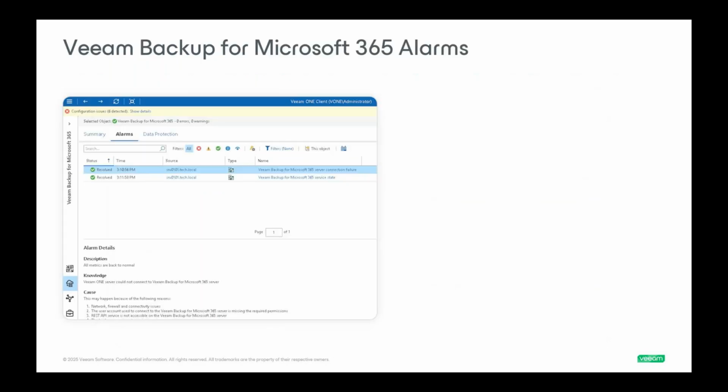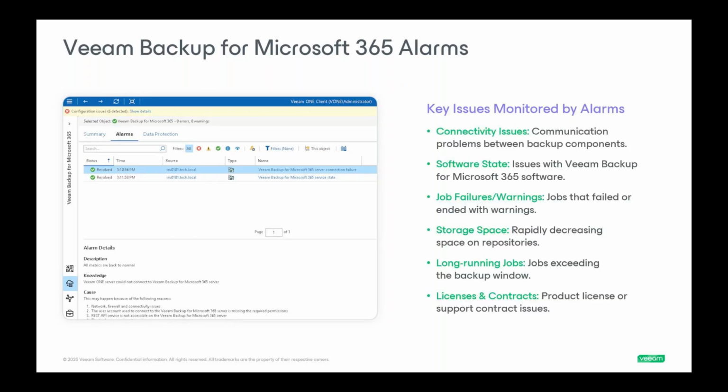And then of course we have Veeam ONE, where we've provided all these predefined alarms, the same thing as the VBR. We're looking at connectivity issues, the software state, any failures or warnings, storage space, if jobs are taking a long time to run versus how long they usually take.